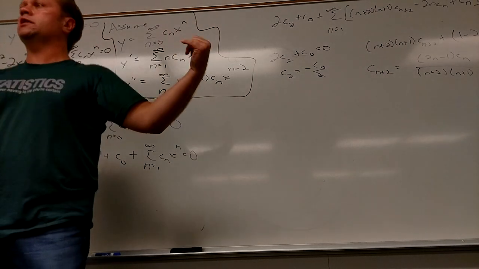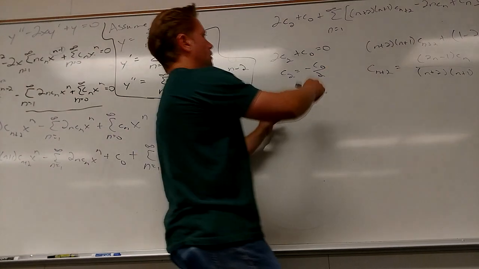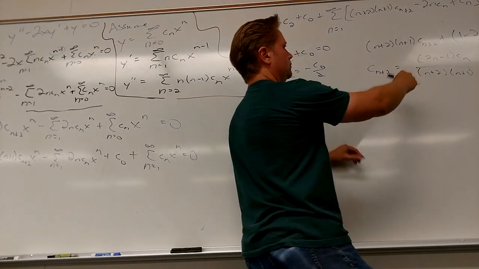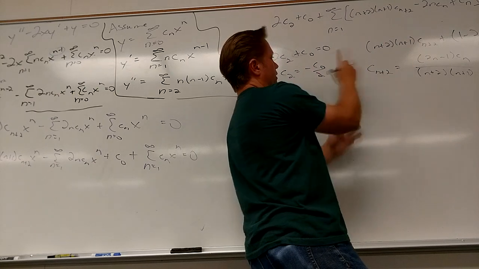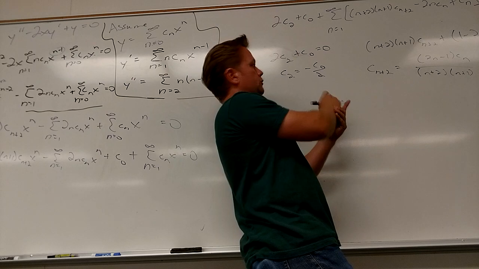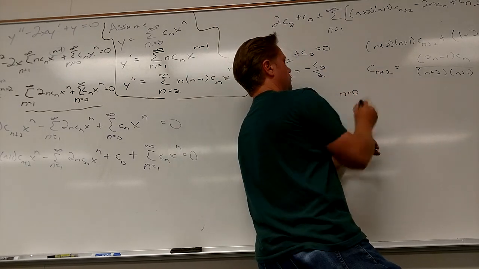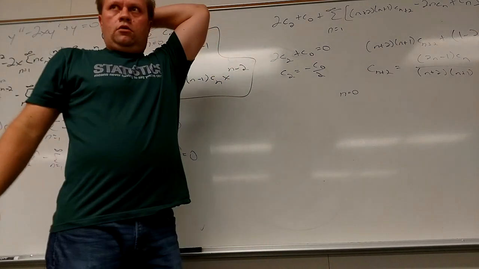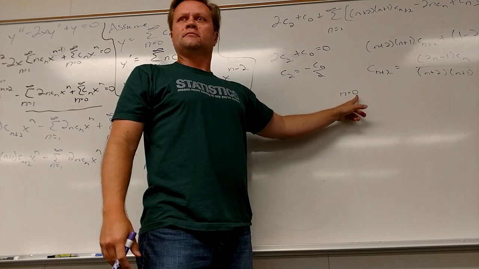Now I can start messing with this thing. If I plug a 0 in, we kind of know what should happen because we already know what C2 is related to. So let's just verify. For n equals 0, why can't I do anything less than this?